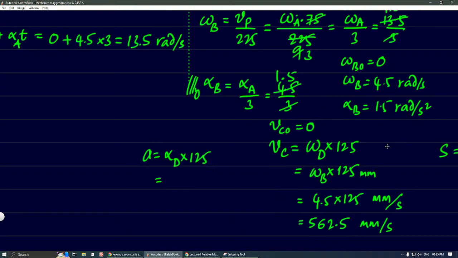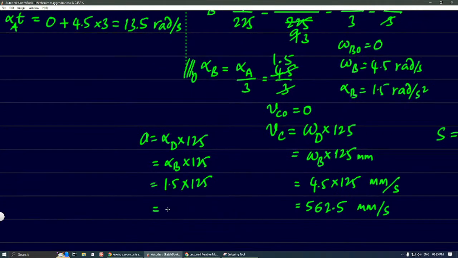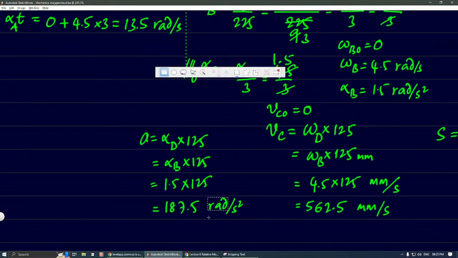Alpha D is how much? Alpha D is same as alpha B. Alpha B is 1.5. 1.5 into 125. What do we get? 187.5. Not radians per second square. This is linear acceleration, no? Mm per second square.